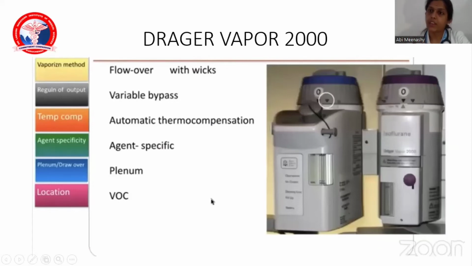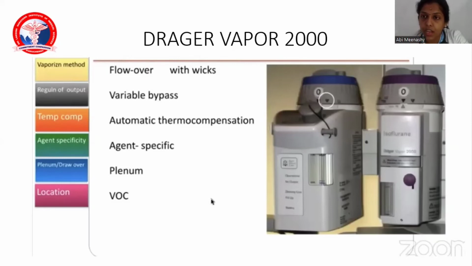What if you're carrying your vaporizer and you tilt it slightly? The inhalational agent in the vaporizing chamber will spill into the bypass chamber. So next time when you use it, the fresh gas flow that goes inside the bypass chamber will also get saturated with vapor, because there is agent inside your bypass chamber also.